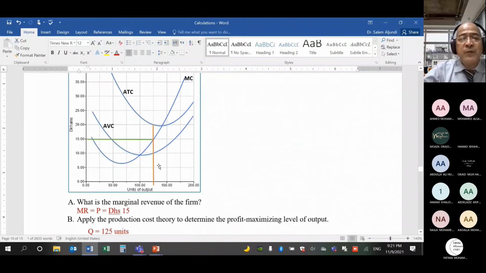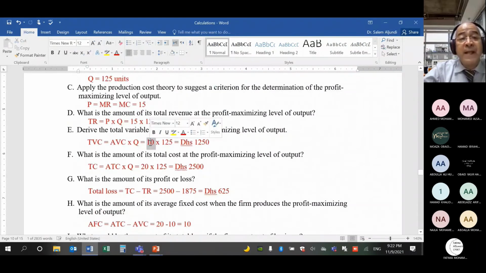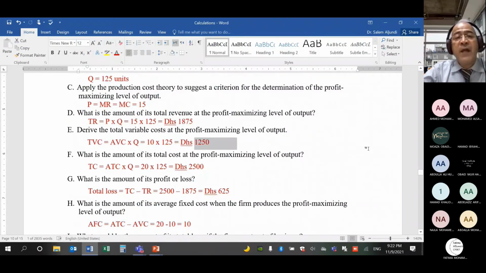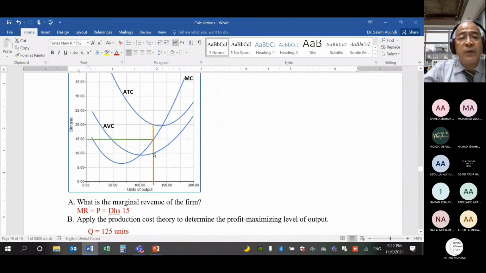If I produce the optimal level of output, this dot on the average variable cost curve determines that average variable cost is 10. So average variable cost is 10, the quantity is 125. So this is the total variable cost, average variable cost times the quantity. What is average variable cost? This dot, average variable cost equals 10.